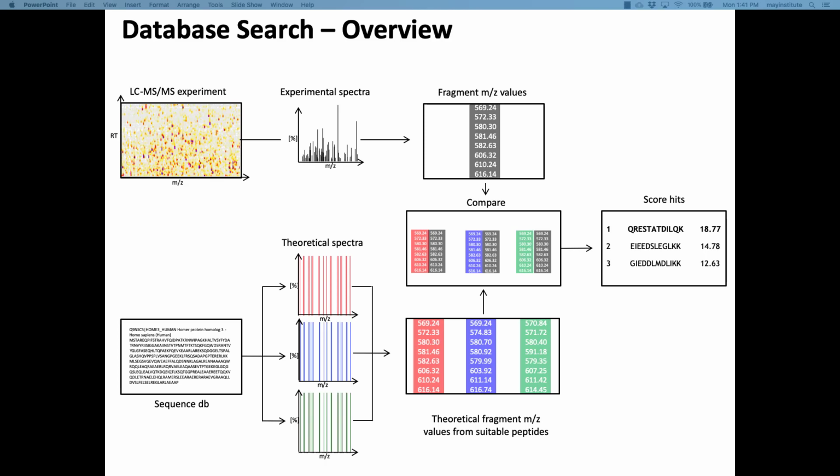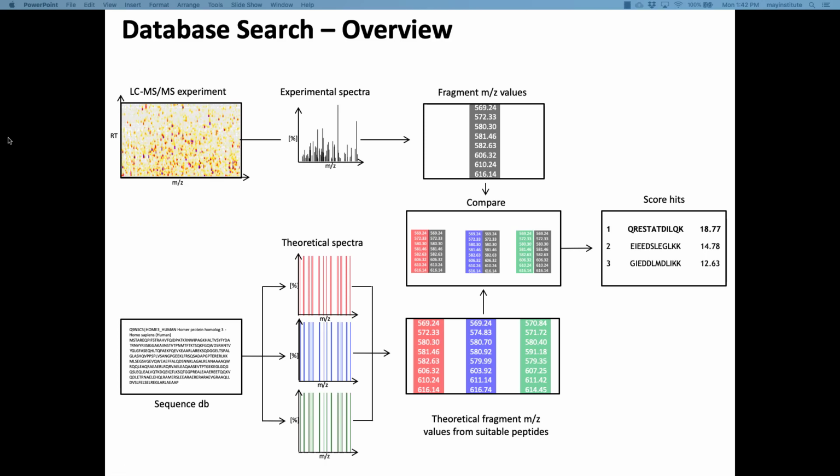Mascot, Sequest, OMSSA, they all work more or less in the same way. They take an experimental spectrum. They usually turn that into a list of masses. The intensities are often not used for the scoring because they can be very variable. There is more information in the mass of these fragments than there is in the intensity.